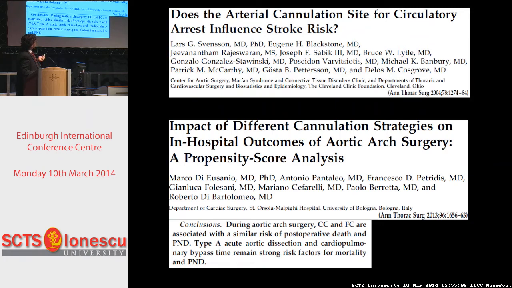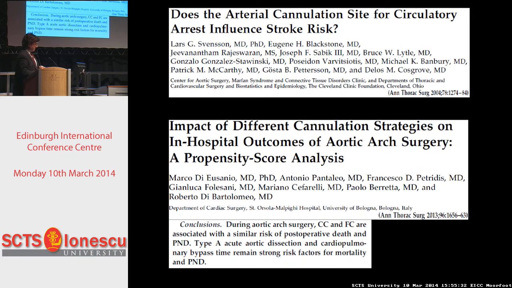The series from the Cleveland Clinic back in 2004, however, this paper involves dissections and aneurysms together. However, they did show a trend towards improved stroke rates and mortality. And more recently from Bologna, to say that femoral cannulation is equally good.